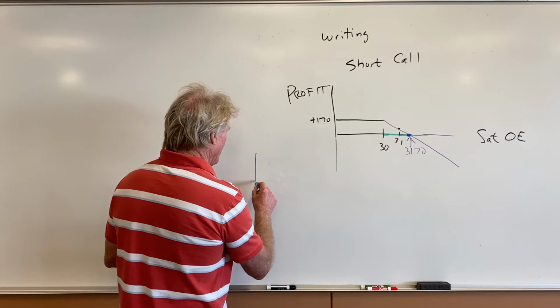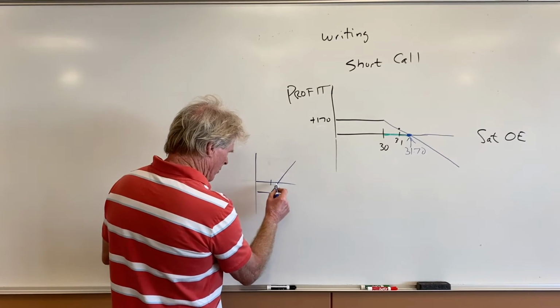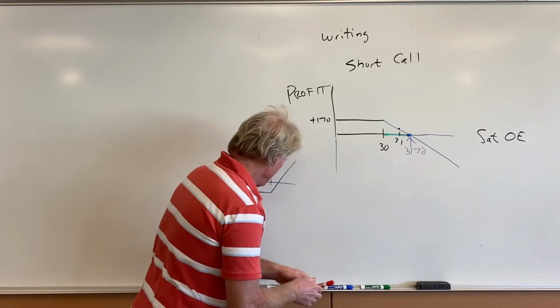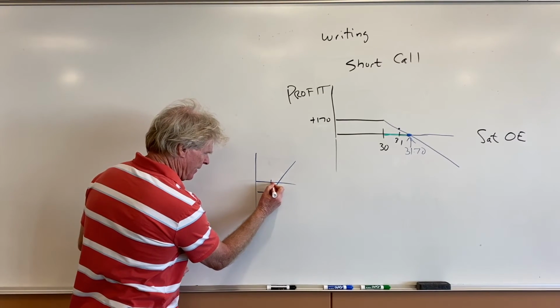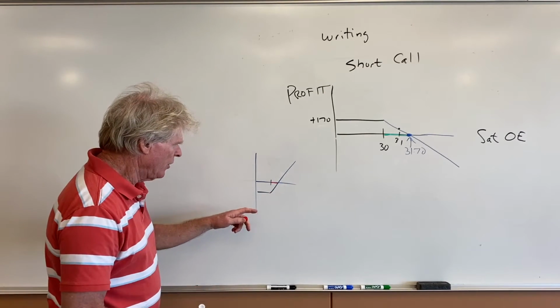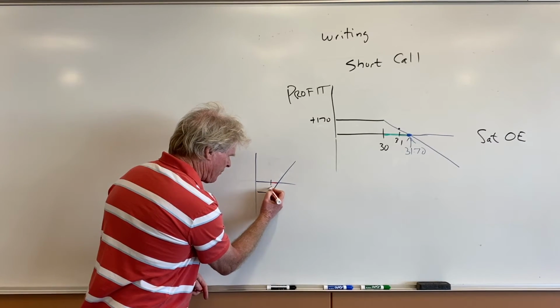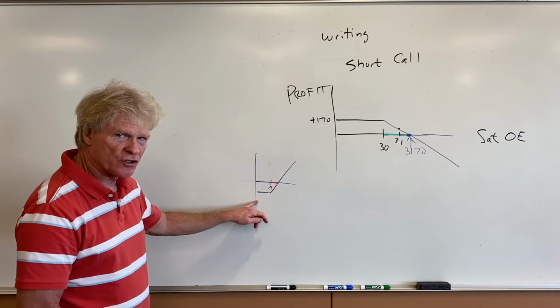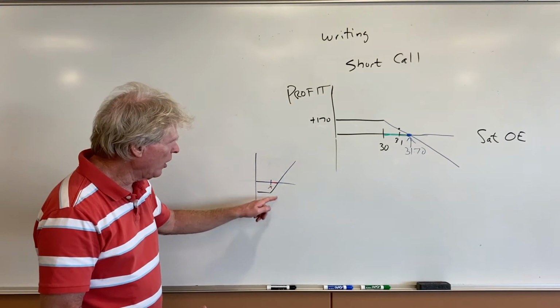You will remember the long call looks like this, and I showed this pricing area right here being an area where the stock price at option expiration exceeded the strike price, which means the call expired in the money, but you as a purchaser of the call, you being long the call, lost money.